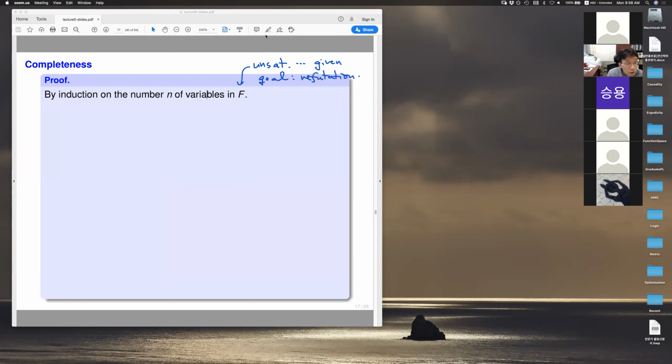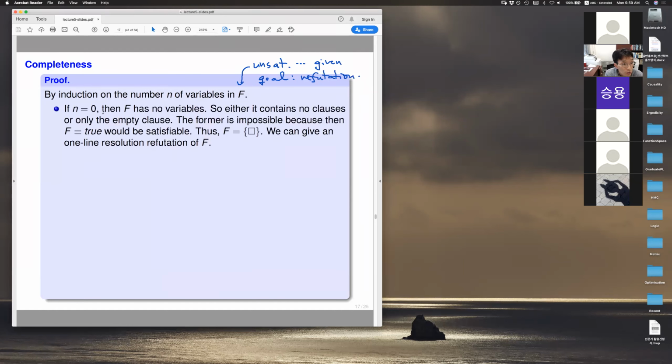So how do we do this? The base case is relatively easy. If n is equal to 0, my formula doesn't contain any variable at all, and there are only two possibilities.